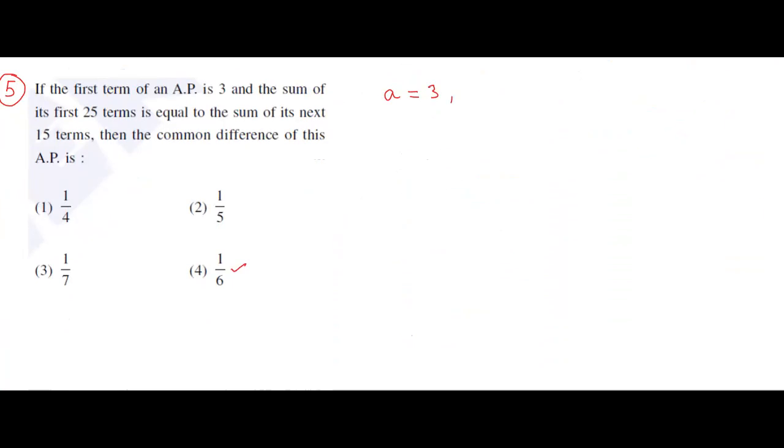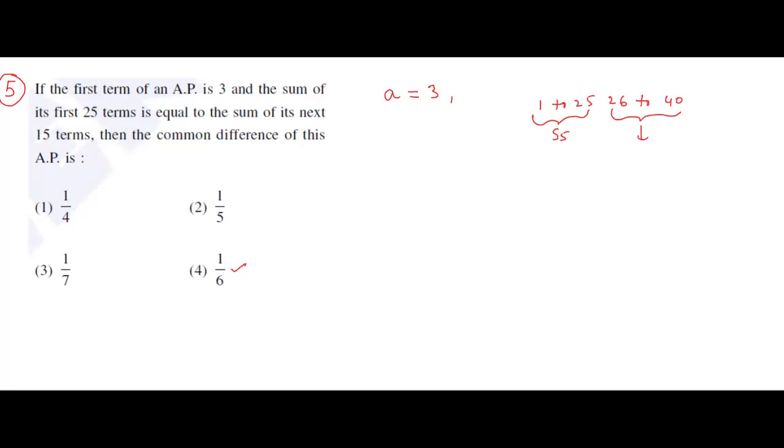That means here 1 to 25, after that 26 to 40, 15 terms. The sum of these terms is equal to the sum of the next 15 terms given. So we can write S25. Then how to write this, tell me.